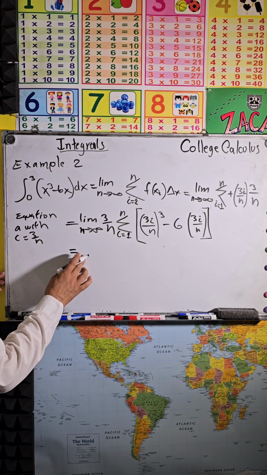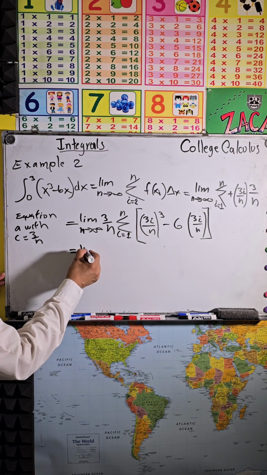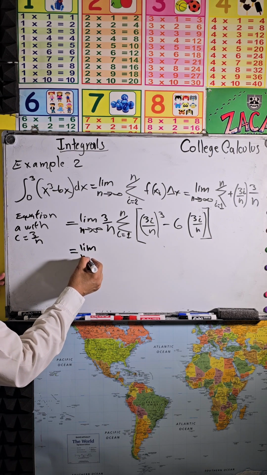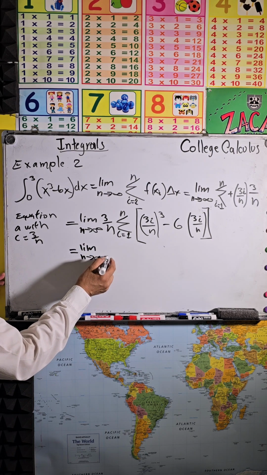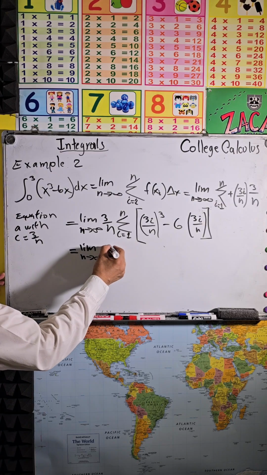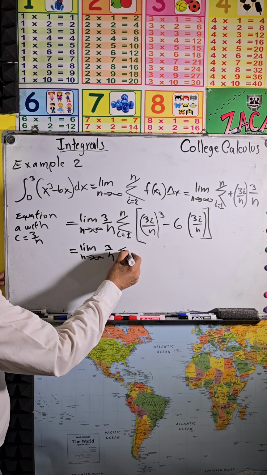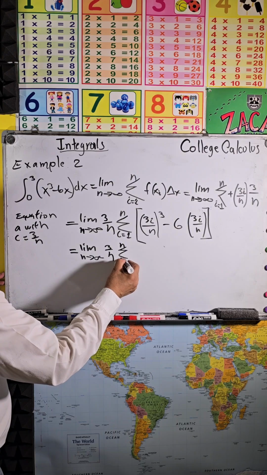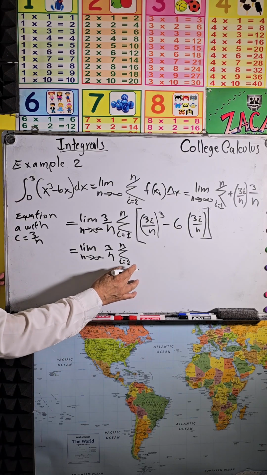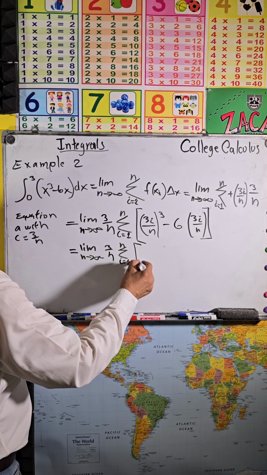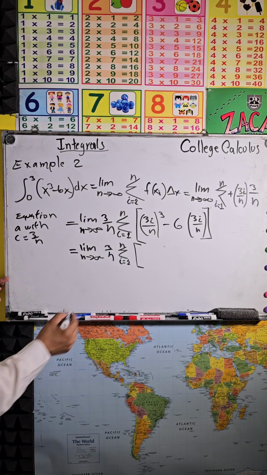Here we will have limit when n approaches infinity of 3 over n, sigma i equals 1 to n. Same information. Now here simplify.